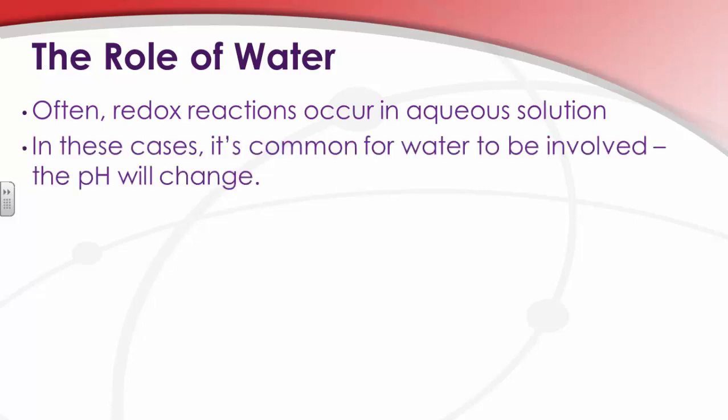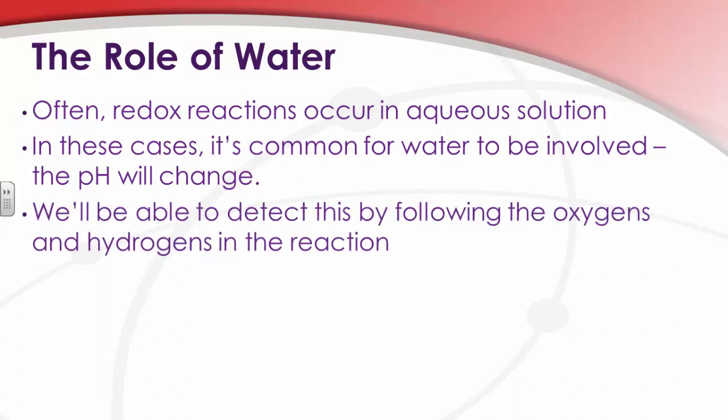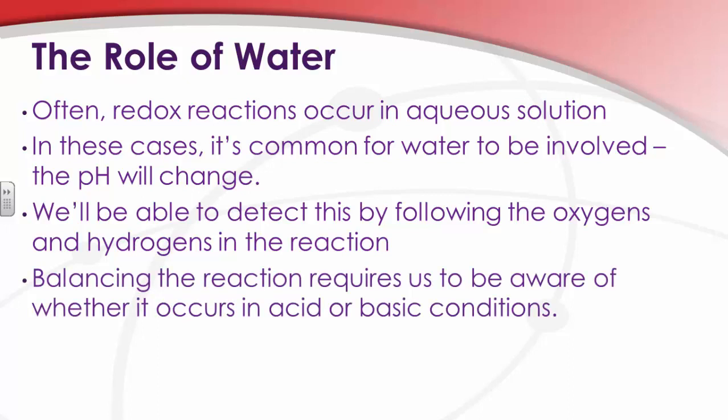So for these redox reactions that do occur in aqueous solution, it's very common for water to be involved in the reaction itself. And because of this, the pH will change as we go. We'll be able to see how the pH will change by following the oxygens and hydrogens in the reaction.